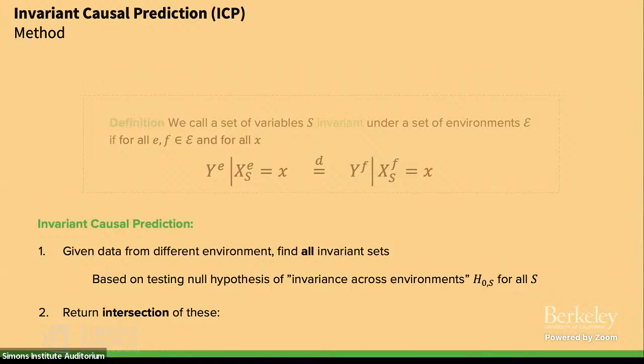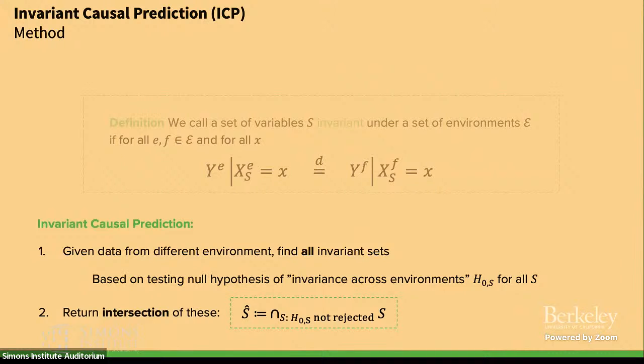For all of these settings, you would design a statistical test where the null hypothesis corresponds to invariance across environments. And then you would test this null hypothesis for all possible subsets of the covariates. And then, a bit more precisely, return the intersection of those sets for which you could not reject the null hypothesis.